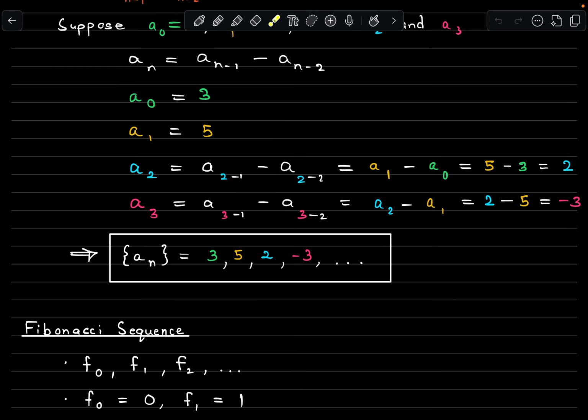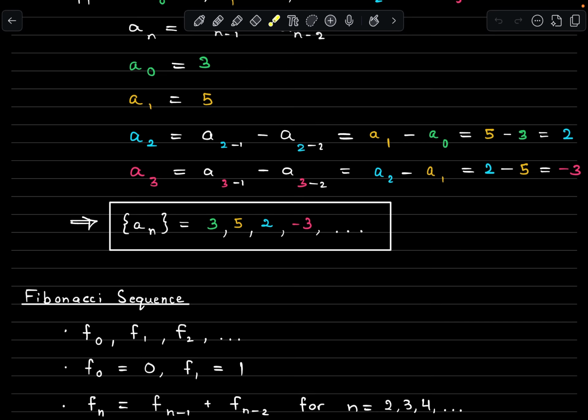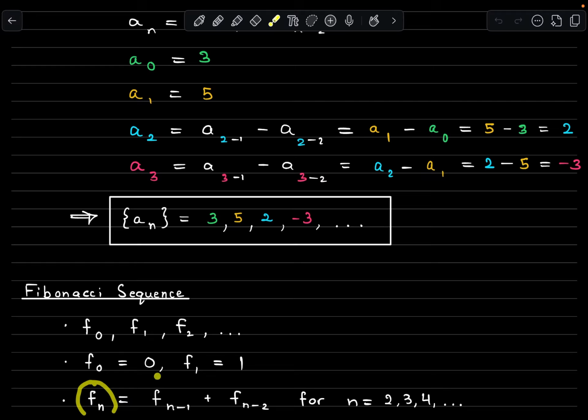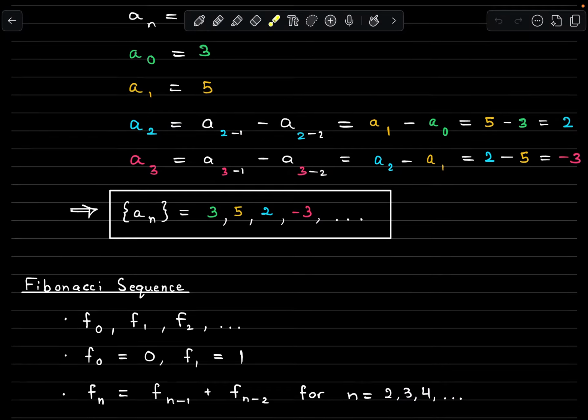F0 is equal to 0, f1 is equal to 1, and the formula, the recurrence relation behind the Fibonacci sequence, is that f sub n is equal to the previous term, f sub n minus 1, plus 2 terms ago, f sub n minus 2, and this is going to be true for n equals 2 and onwards.